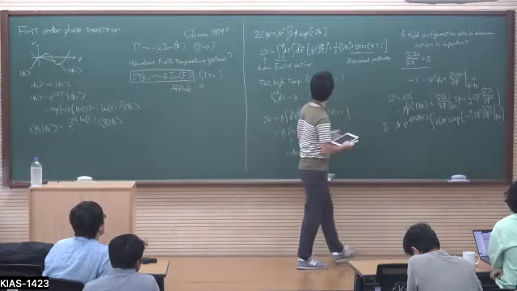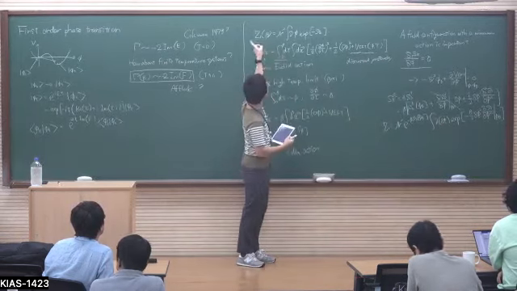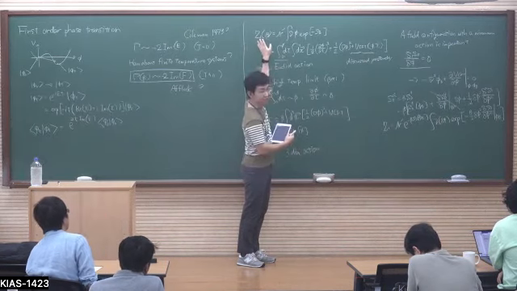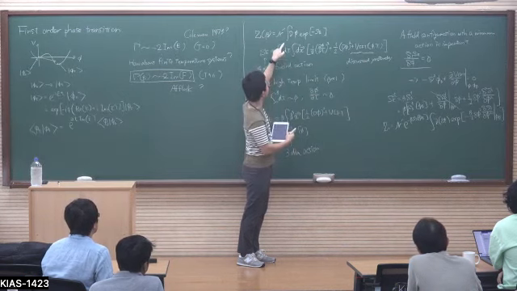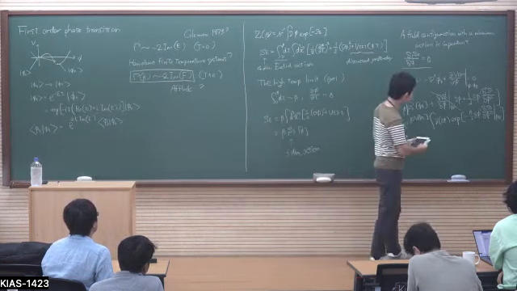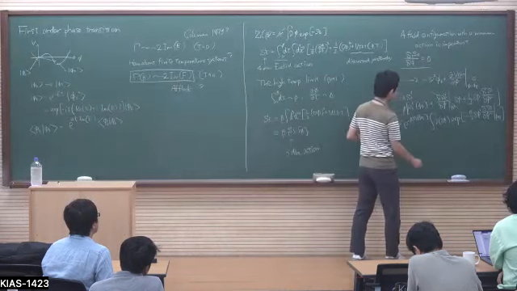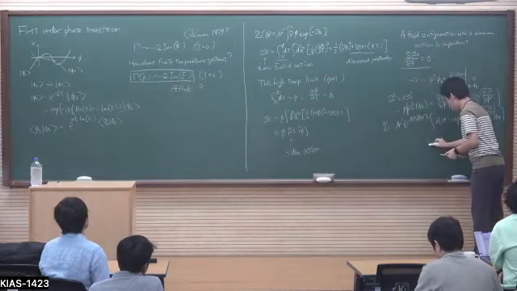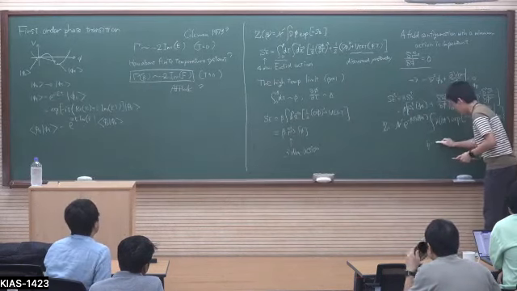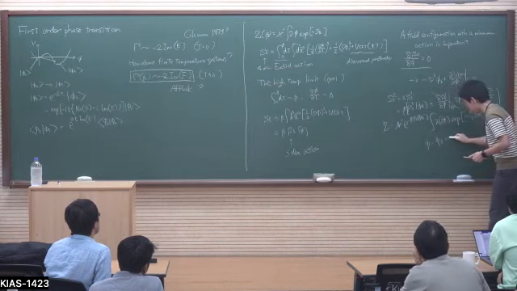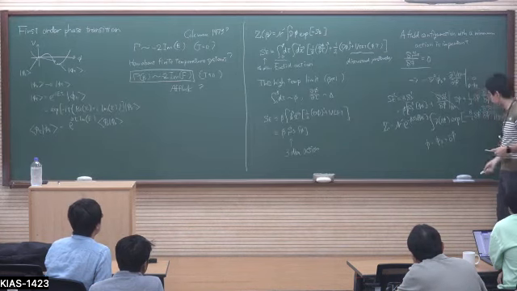In the first step, we write the partition function in terms of the path integral for the phi. However, in this step, we change the path integral to delta phi, the general field expressed by the fluctuation around the non-trivial solution.